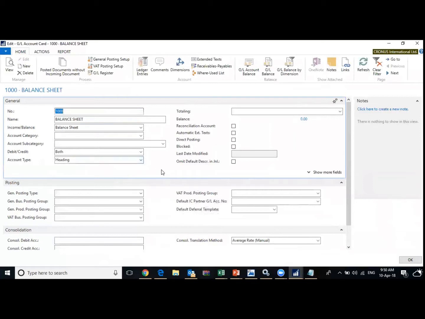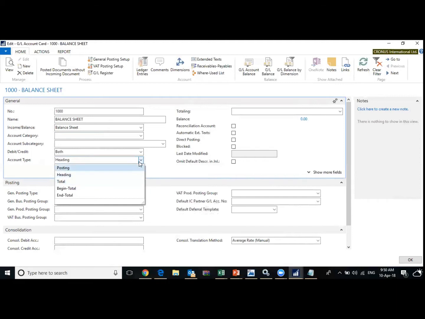Just to mark the beginning of the balance sheet accounts and the beginning of the income statement accounts, you use heading accounts. They have no impact. You cannot do any debit or credit in this, and these are just for reporting purposes, just for making the chart of accounts look good.